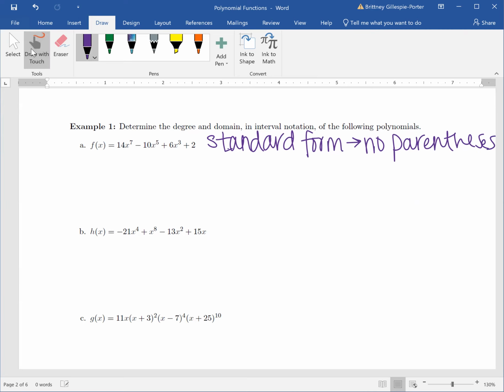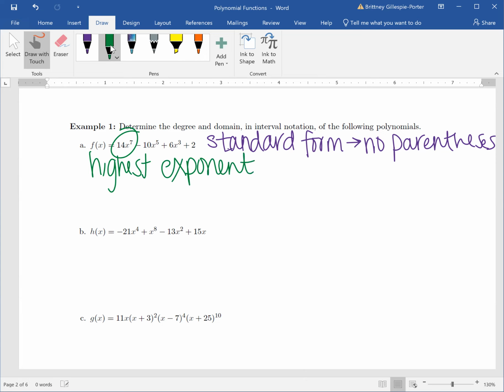Because we have no parentheses, we need to find the highest exponent, and our highest exponent is 7, which means our degree, which we call n, is 7.